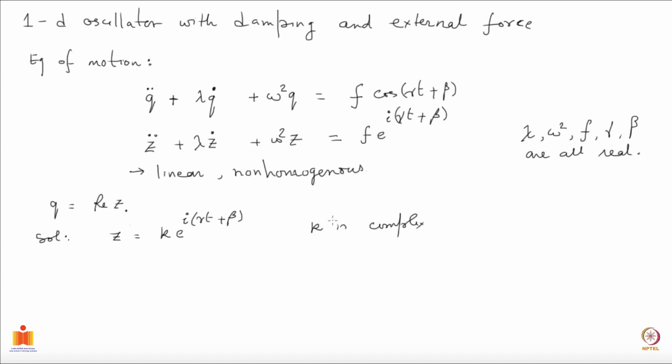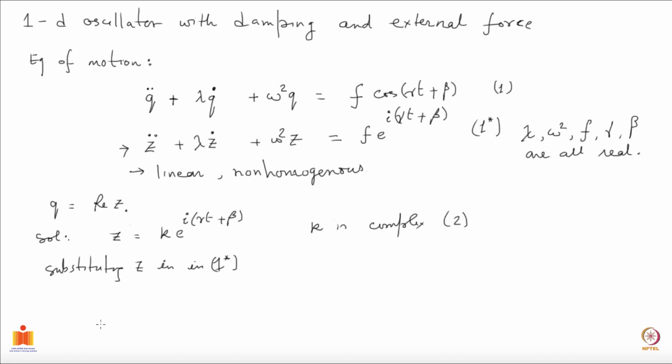So now you substitute this z in this equation, and you get the following. Let's call this 1 star and this 2. Let's put z, the one in 2, in 1 star.